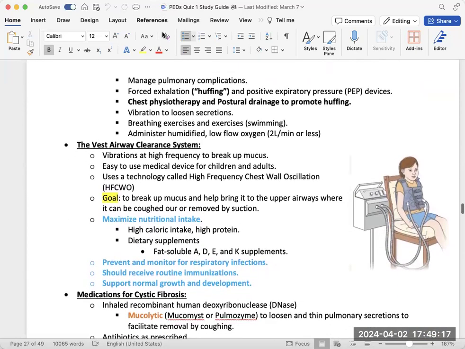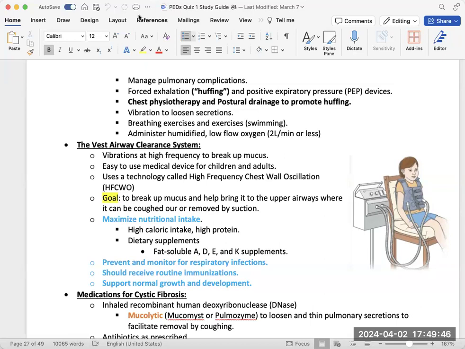They're also going to have forced exhalation, or huffing. They can have this done or explained to them, and we're basically forcing them to exhale so they can get rid of those secretions. We could even use positive expiratory pressure devices to help with breathing.